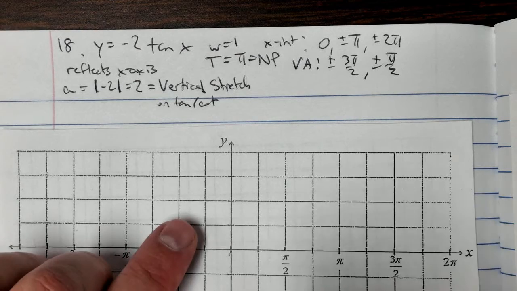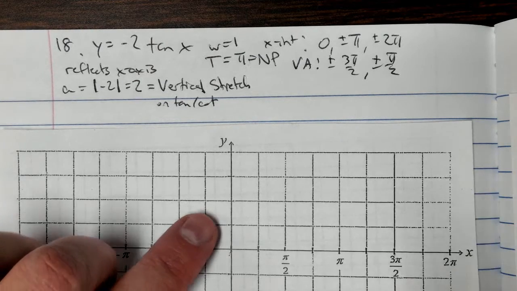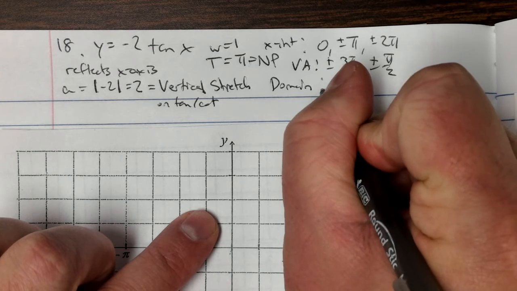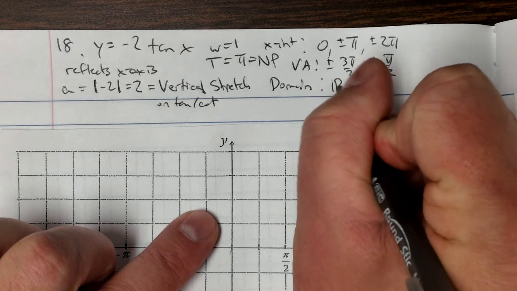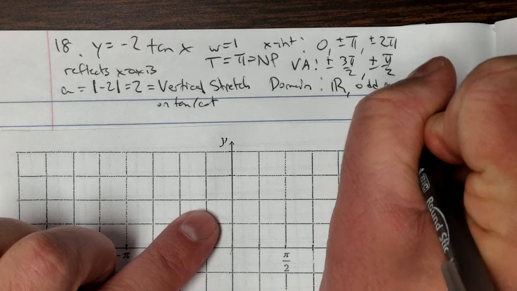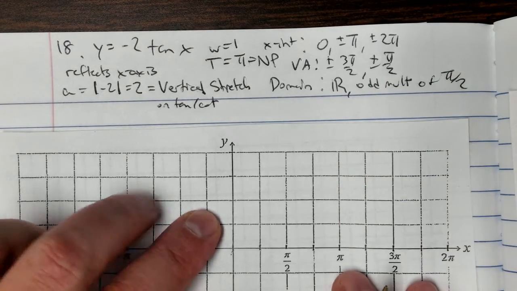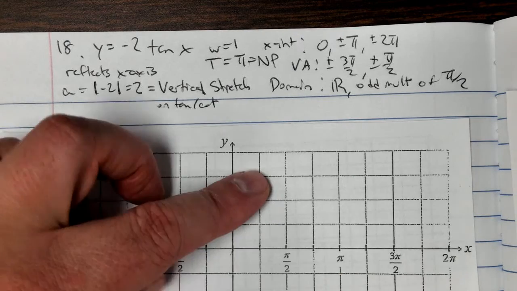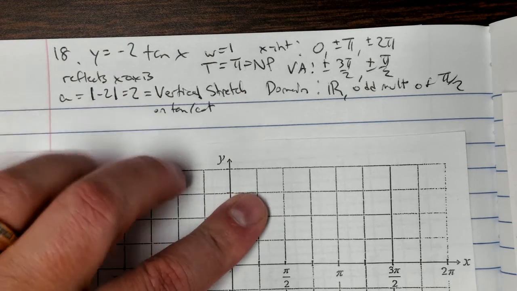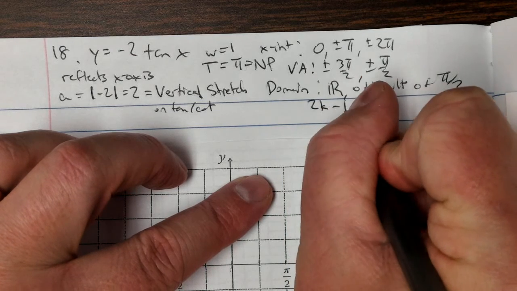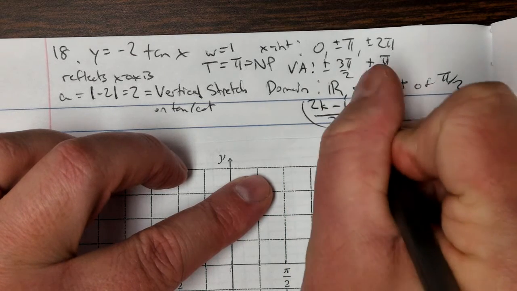Okay, so we can also say about our domain, which is required, that it's all reals except odd multiples of pi halves. And just like on the previous assignment, this one would look like 2k minus 1 over 2 times pi.